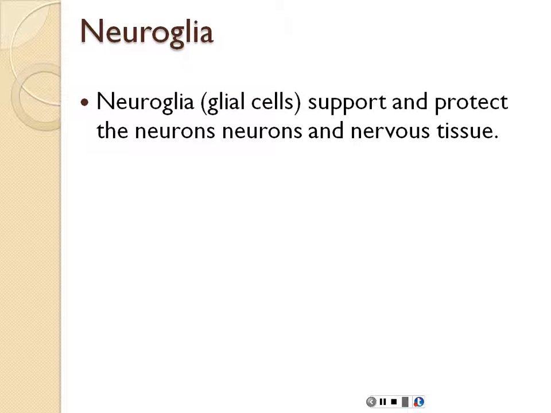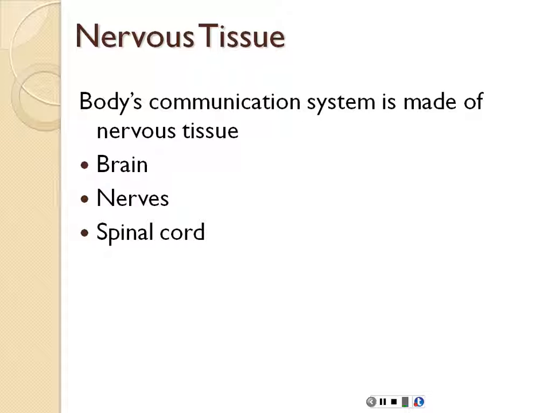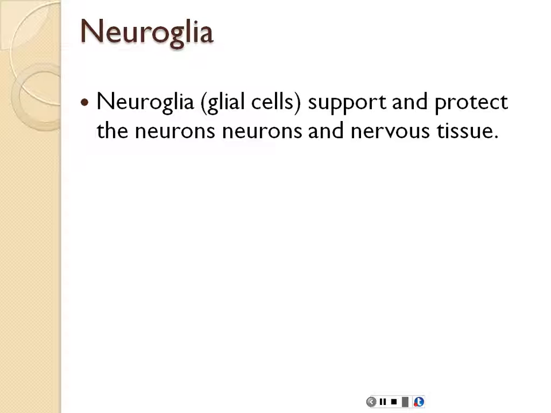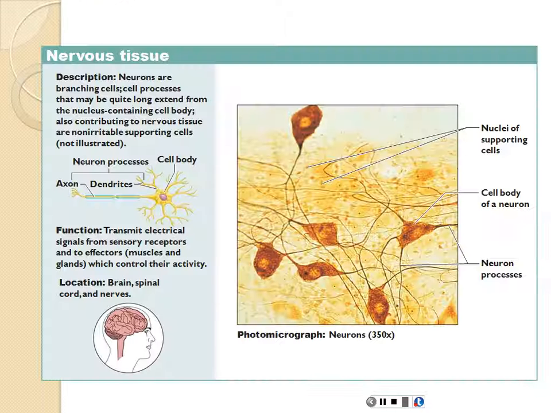In the nervous system, the cell types are neurons and then neuroglial cells, neuroglia, or glial cells. And the function of the glial cells is to support and protect the neurons and the rest of the nervous tissue.